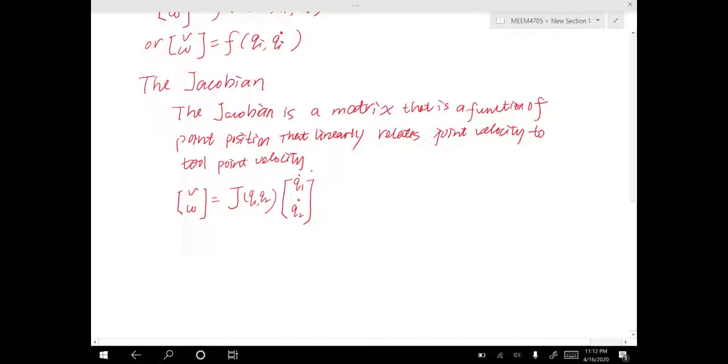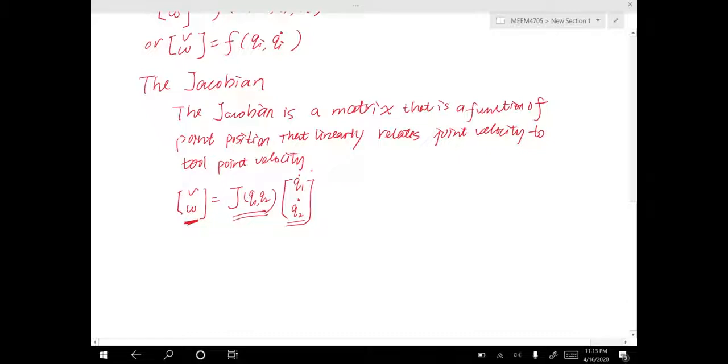Okay, so from this equation we can see that if we want to calculate the end effector's velocity, if we are able to know the Jacobian matrix, then we only need to know the velocity of the joints instead of the position. Okay, so we're just relating velocity vectors.